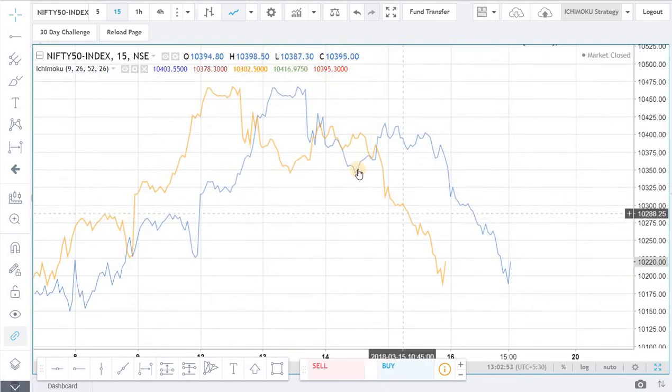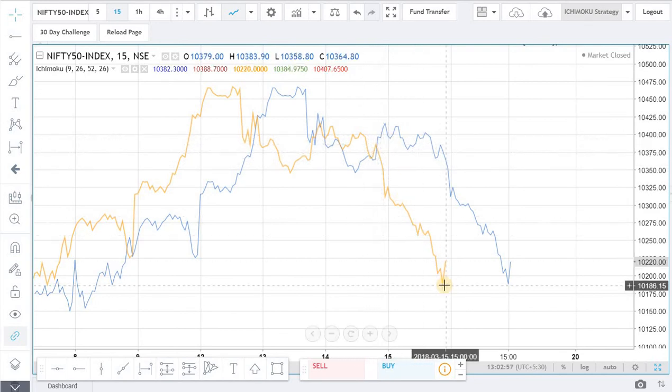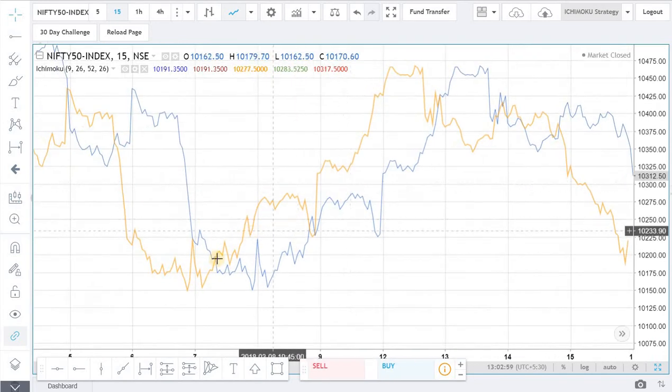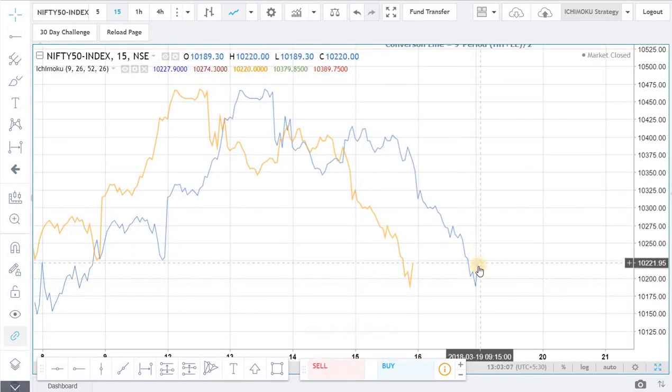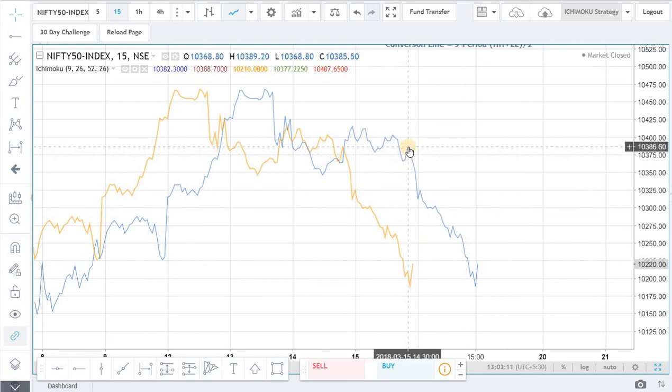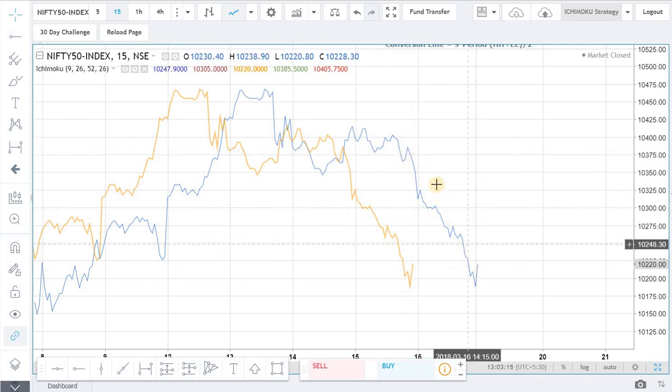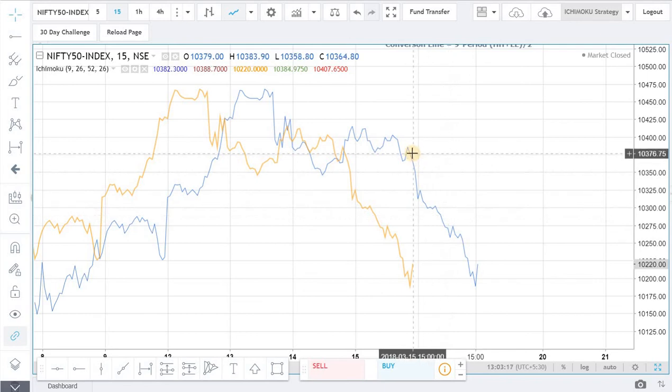When the lagging line is below the candle or below the price, it is bearish, and when the lagging line is above the candle or above the price line, it is bullish. Now why is that? I mean, it's very simple. You are comparing the current price with what it was 26 periods ago. So instead of comparing from here and calculating 26 periods over here, you can very easily compare this lagging line with what it was 26 periods ago.